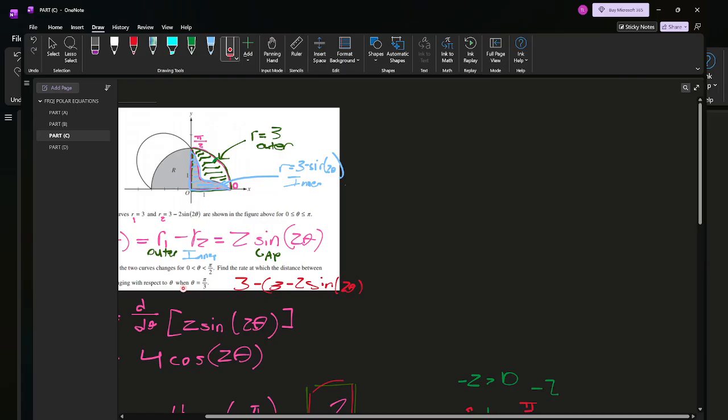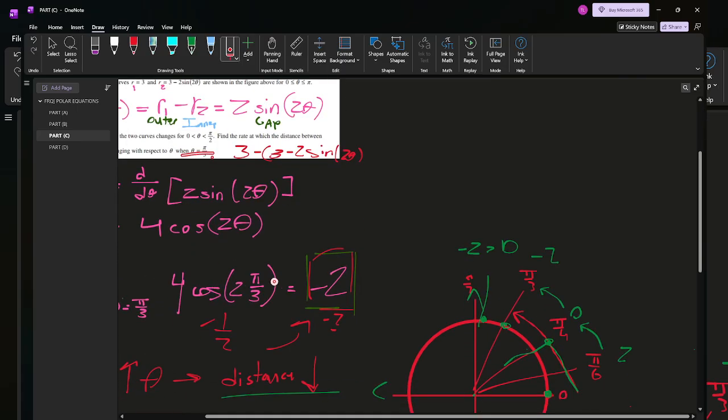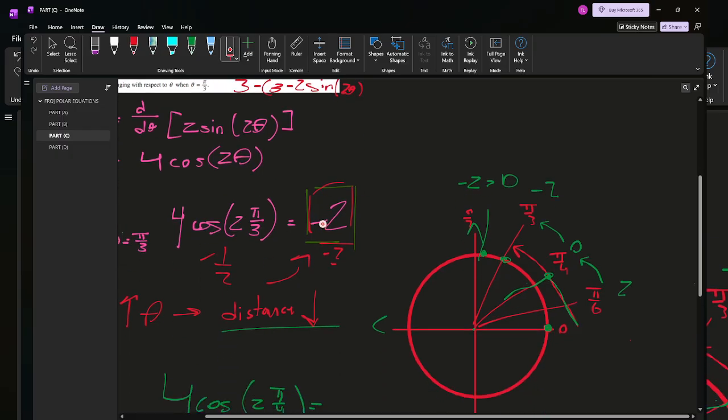Now, they're asking for pi over 3, which is what we answered, which is negative 2, right? Notice that in this relationship, as you increase theta more, it gets less and less.